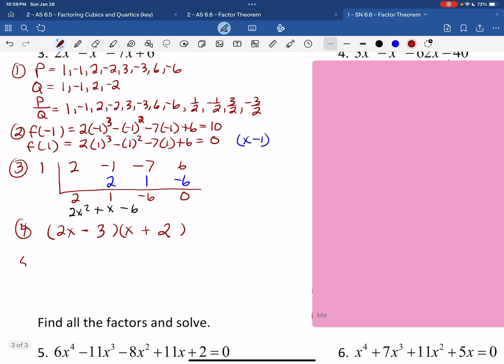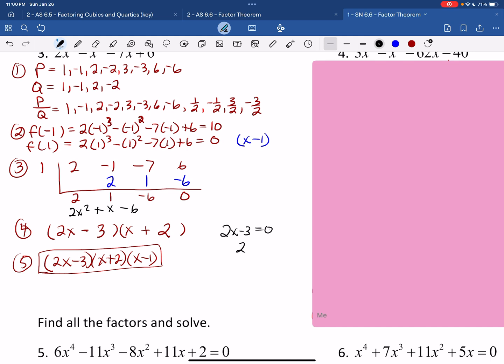All right, in step 5, list our factors. 2x minus 3, x plus 2, and x minus 1. Okay, now just so you can see, let's take this factor, 2x minus 3, and see what solution that gives me. I'm going to set that equal to 0.